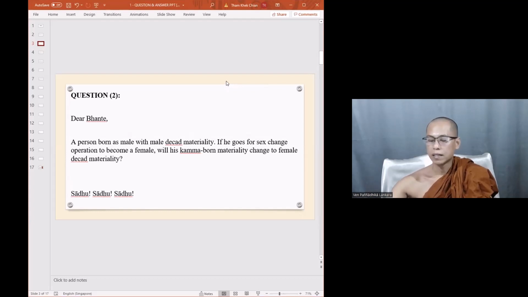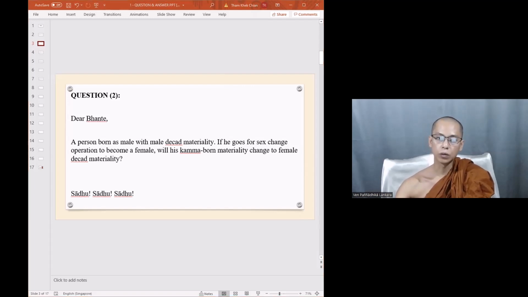Yeah, from my understanding, that is why we take the example of the first generation of the Jalapuja, and the sexual phenomena produced by karma can change during the course of existence.